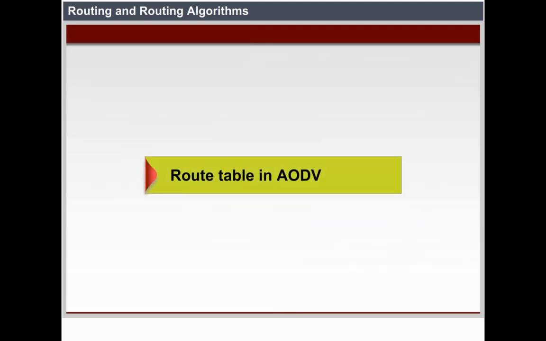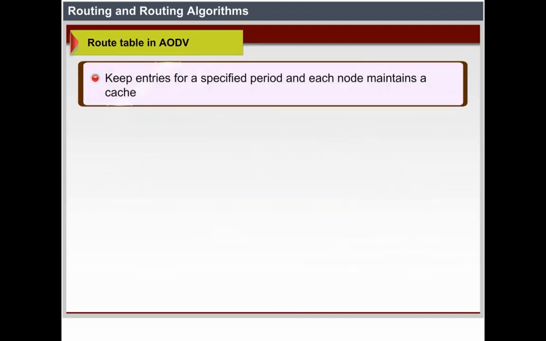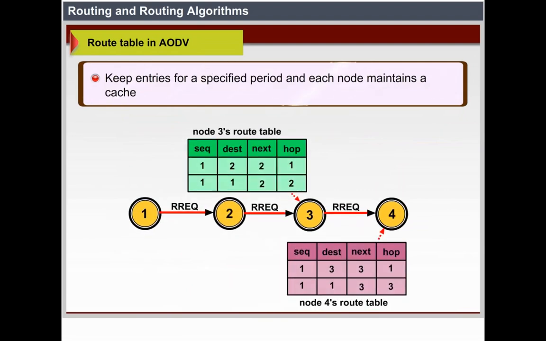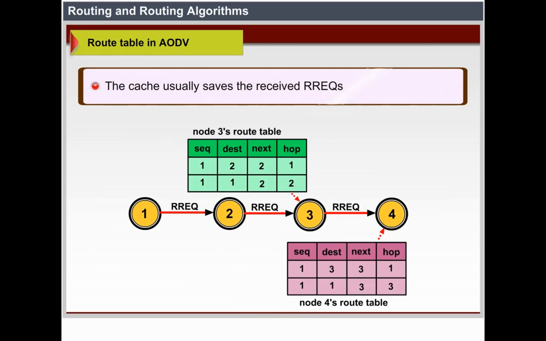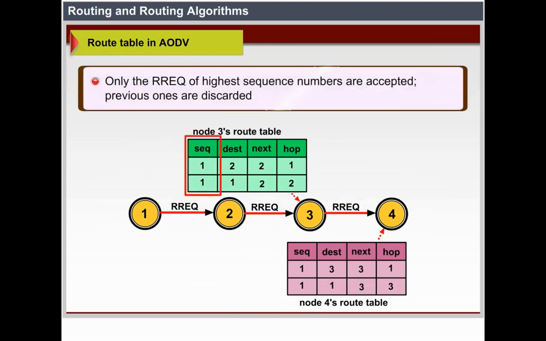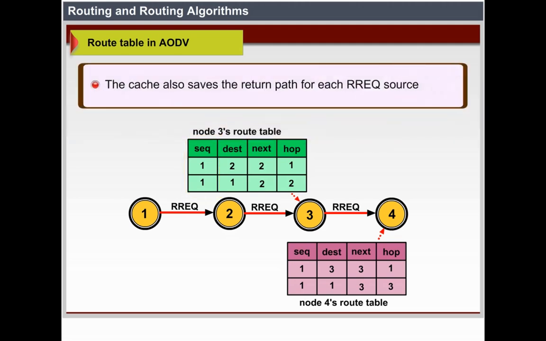Route table in AODV keeps entries for a specified period and each node maintains a cache. The cache saves the received RREQs. Only the RREQ of highest sequence numbers are accepted and previous ones are discarded. The cache also saves the written path for each RREQ source.